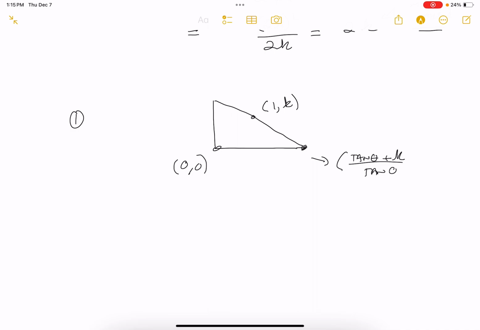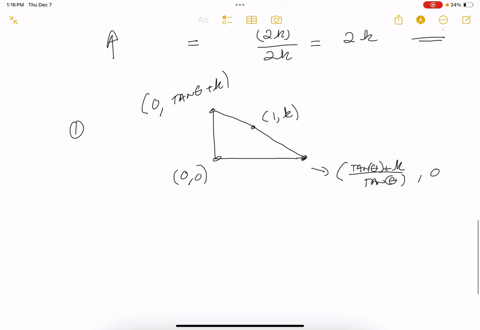There's no need to rederive. Comma 0. And the y coordinate, I'm trying to go from memory over here, was k plus tan theta, or yeah, tan theta plus k, sorry. Again, we derived that all up there. And this is going to be 1b. So we did this in 1a, now we're on 1b.